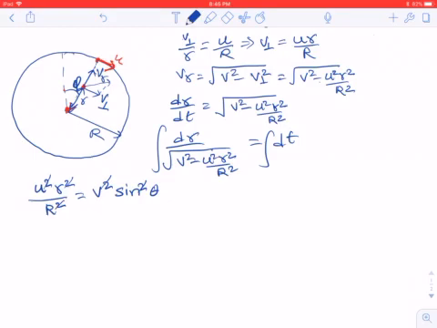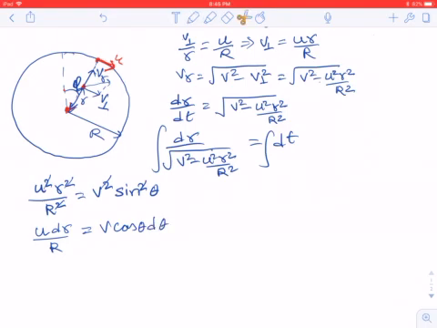So now if we define it that way and you differentiate both sides, what do you get? It's equal to v cos theta d theta, isn't it?